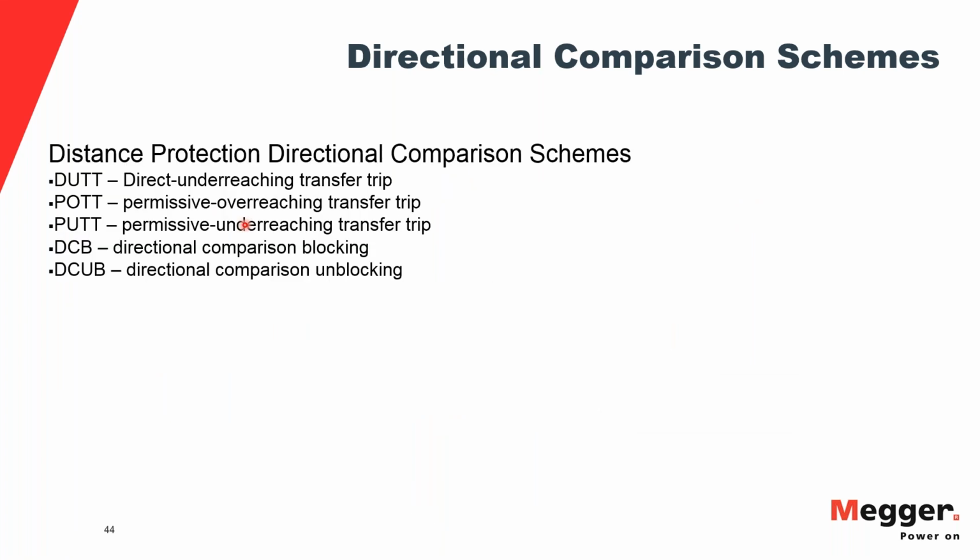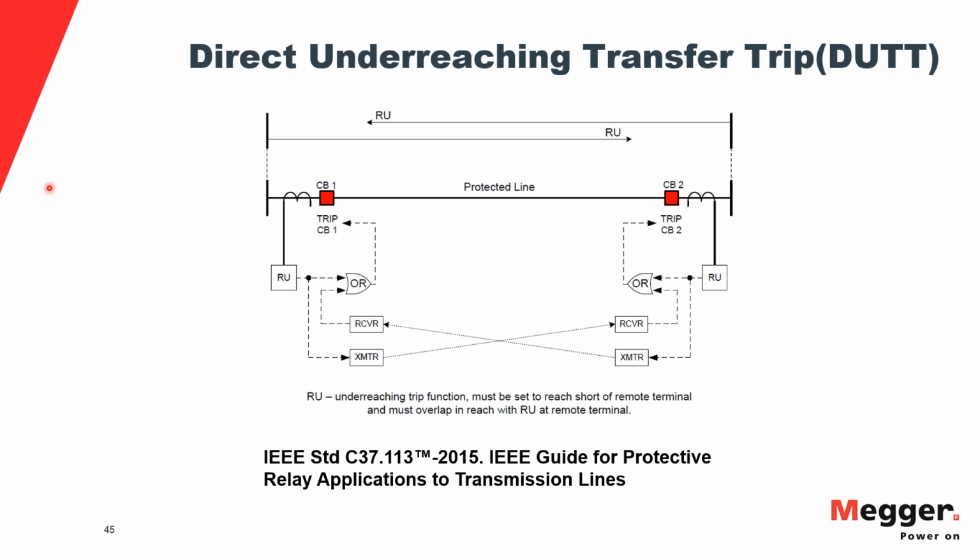The most popular directional comparison schemes are the direct under-reaching transfer trip, or DUTT, the POTT, or permissive over-reaching transfer trip, the PUTT, permissive under-reaching transfer trip, and then we have directional comparison blocking and directional comparison unblocking. I will only be talking about the first three. We have time for more than that.